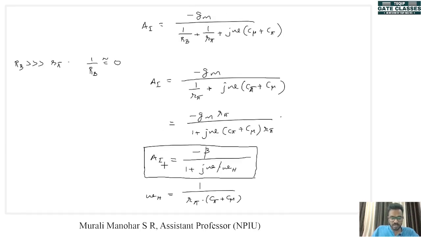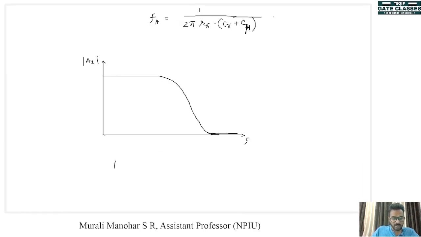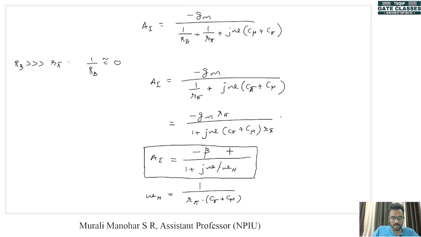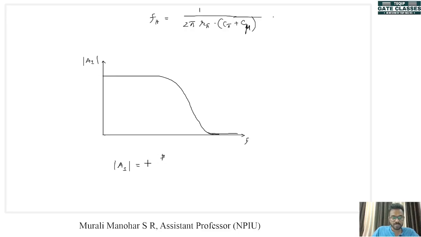Now the modulus of AI will be equal to beta divided by root of 1 plus omega square by omega h square, that is beta by root of 1 plus omega by omega h whole square. It can also be written as beta divided by root of 1 plus f by fh whole square.